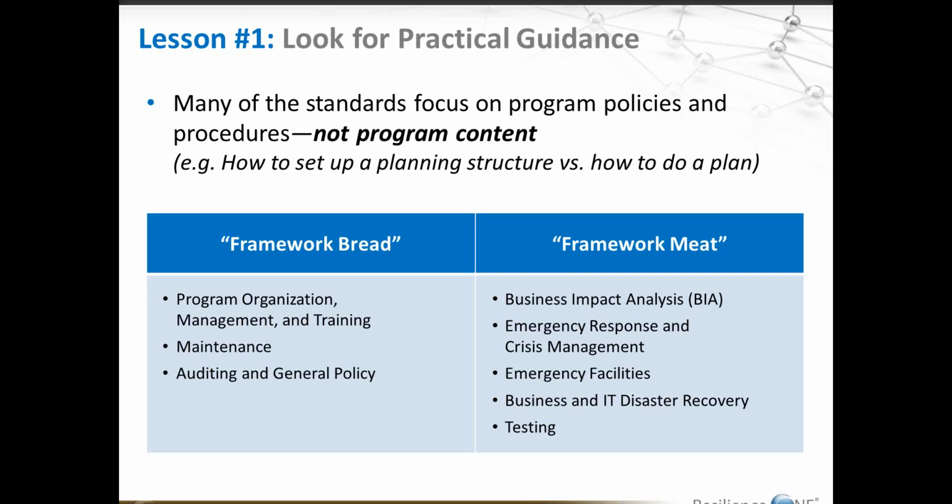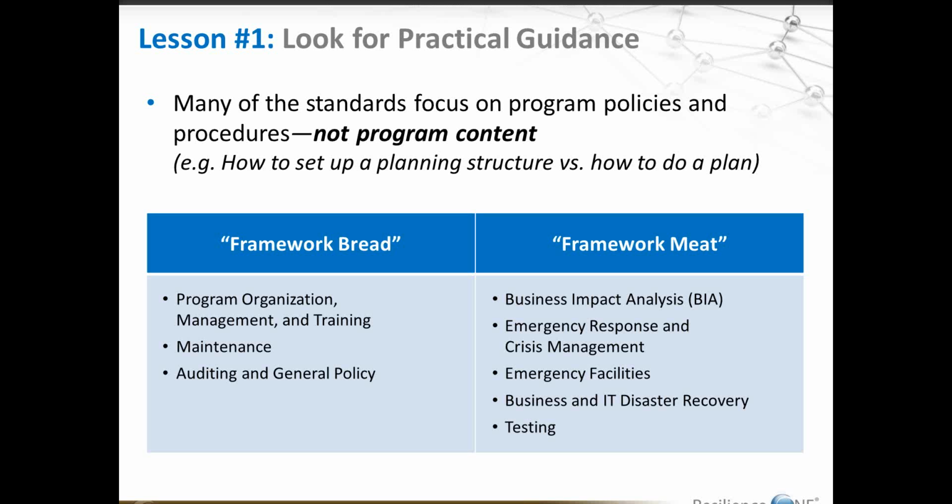What I'll call the framework meat in the sandwich, how you actually do the content of your different plans and of your program, is a bit harder to find practical guidance on. The business impact analysis, yes, you have to do one, but tell me how I need to do it. If I have to be compliant against that, what are the particular points that you're looking for in a BIA?